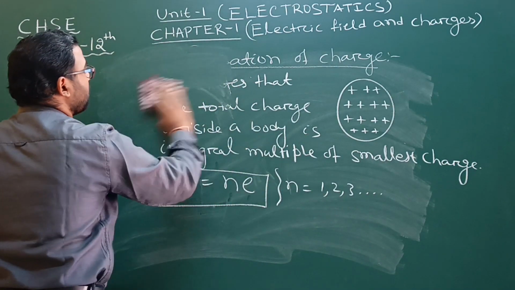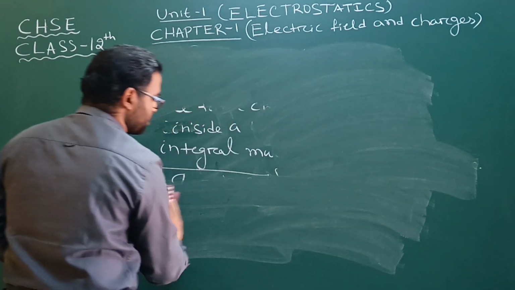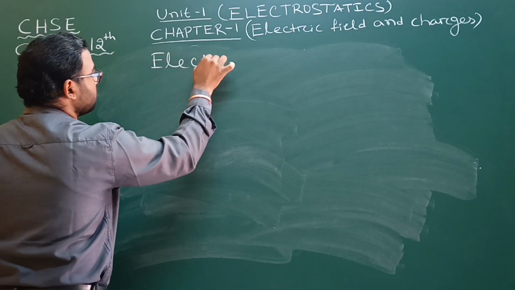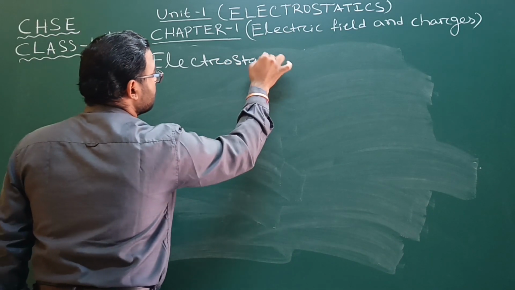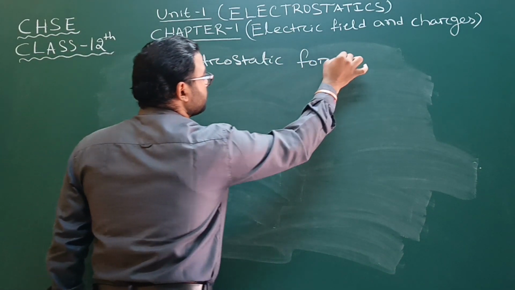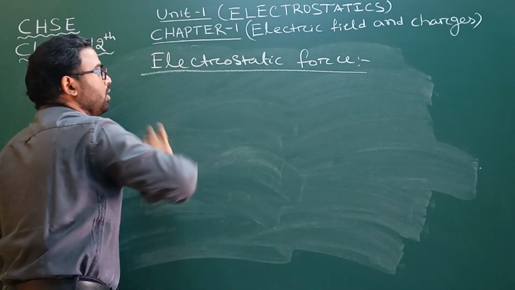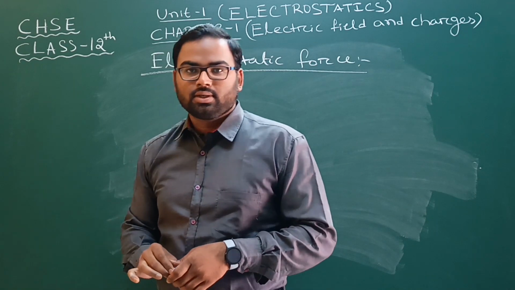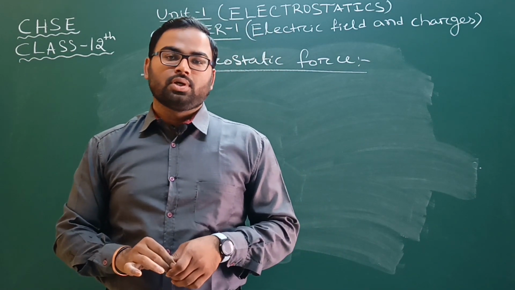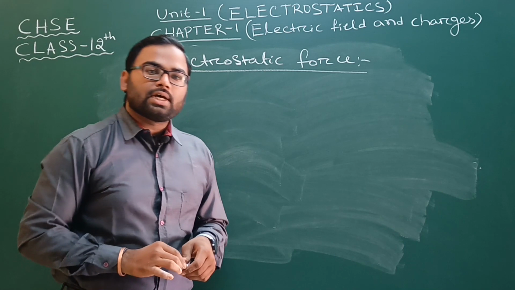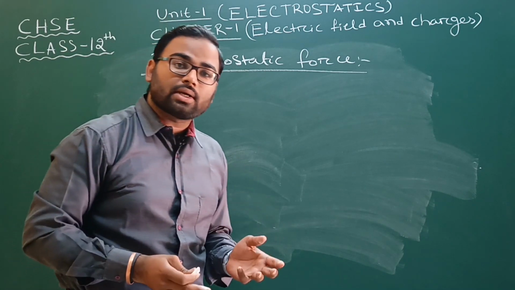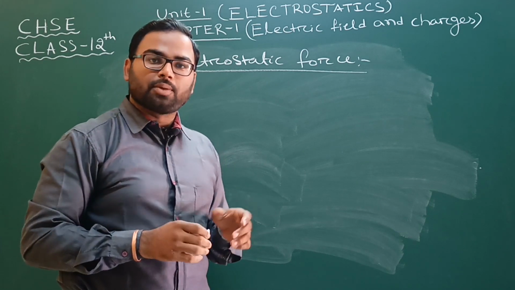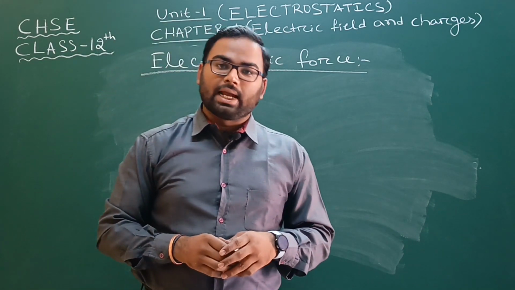Next, we will discuss about electrostatic force. What is electrostatic force? Electrostatic force means the force between two charges. What type of force is that? Electrostatic force may be attractive or may be repulsive. We know equal charges repel and unequal charges attract.